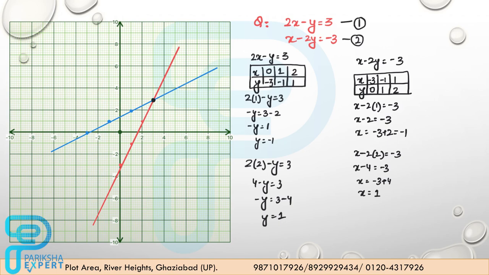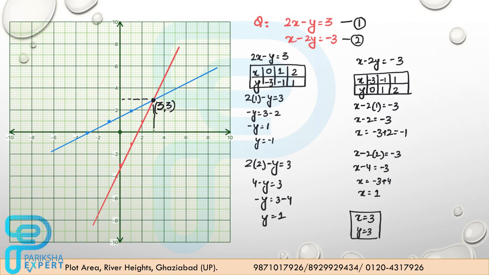And the graph on this particular point reads as 3 on the x-axis and 3 on the y-axis. Hence, the answer will be x is equal to 3 and y is equal to 3.